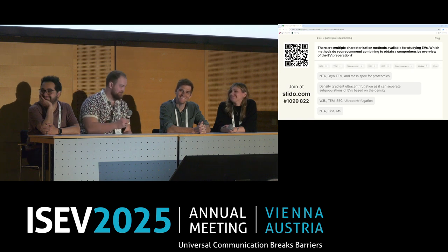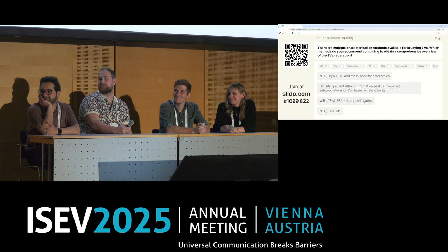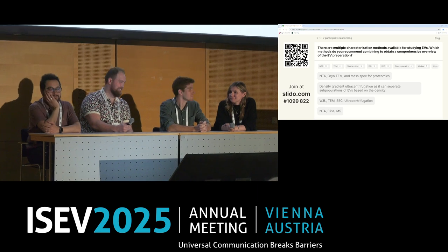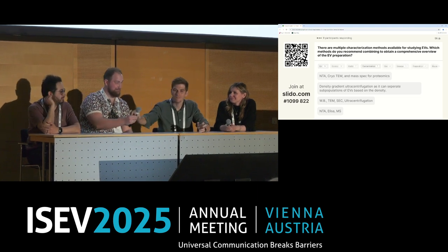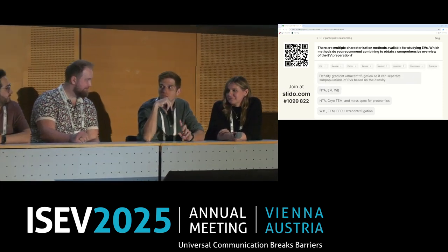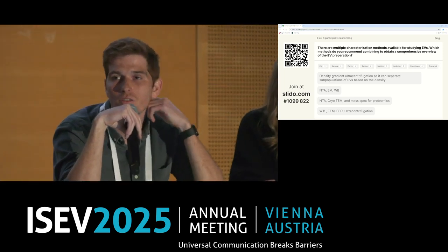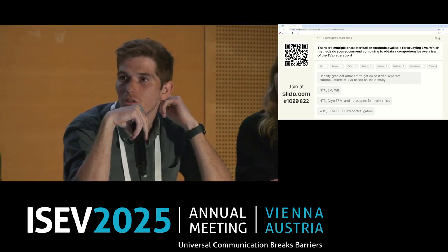That's correct. And what if you only have a limited amount of sample available? What's the minimum you have to do? Okay, so you have to show that you have vesicles. That's the first step, and I think it's important. Step number 2 is to show that you've depleted the things that you wanted to deplete.